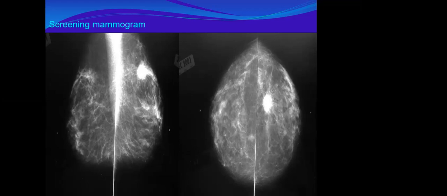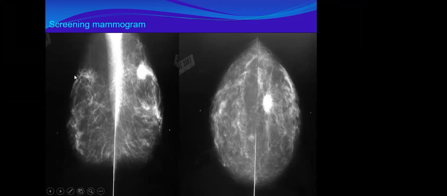In the contralateral breast there is an area of focal asymmetry in the upper quadrant on the MLO. I cannot appreciate it on the CC view.